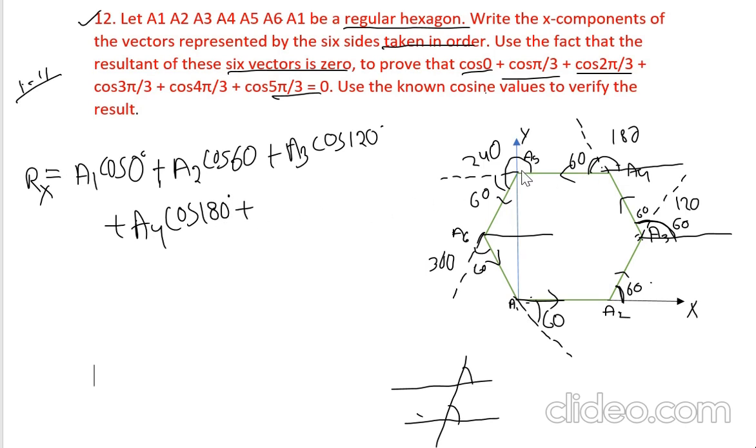Similarly, this one is our A5 vector, which makes an angle 240 degree with the x-axis, and as it is taken in order, I am writing in order, so it's A5 cos 240 degree. Similarly, this A6 vector makes an angle 300 degree, so I write A6 cos 300 degree.